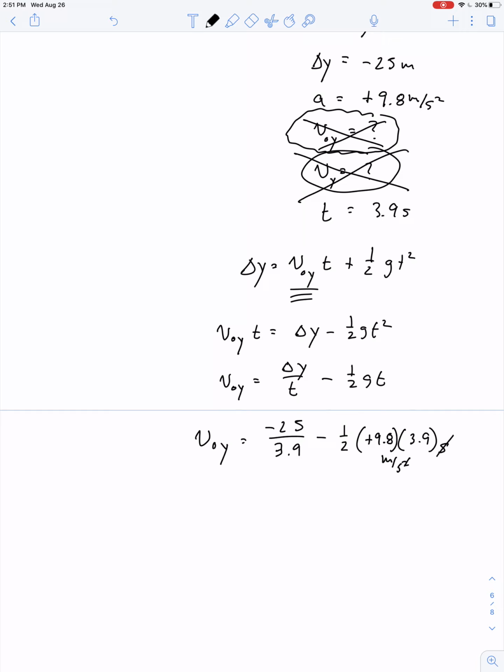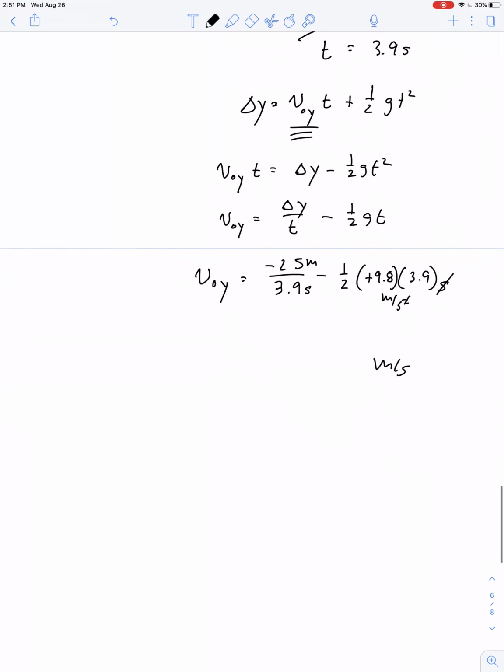So seconds, so we've got meters per second. This is 25 meters divided by 3.9 seconds. Oh yeah, so our units are going to be meters per second. We should always check this in our work. I got a little hasty there. Okay, 25 divided by 3.9. So this part is negative 6.41.